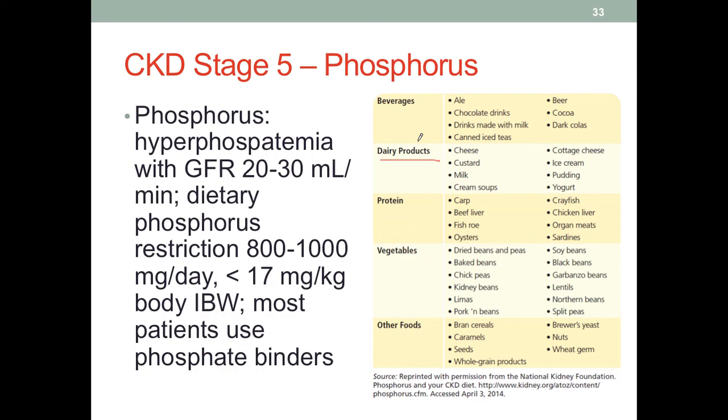But in that situation, in liver failure, dairy products are actually encouraged and promoted because it has more of the BCAA, the branched-chain amino acids, so therefore it generates less neurotoxic effects. But for renal failure patients, this is not the case. So for the sake of limiting phosphorus, we need to watch and limit dairy product intake.